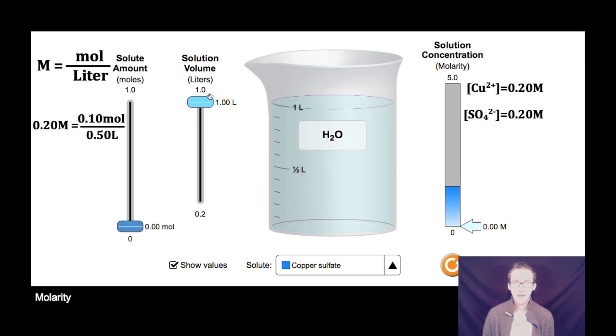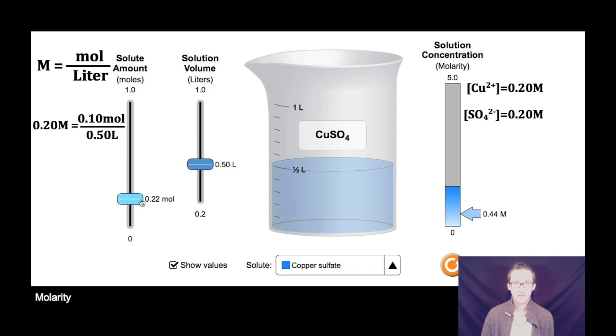Okay, and I also want you to recognize that we don't have to use 1 liter of solution in order to calculate the molarity of this solution. So instead of starting with 1 liter, I'm going to use 0.5 liters of solution. And in this 0.5 liters, I'm only going to put 0.10 moles.